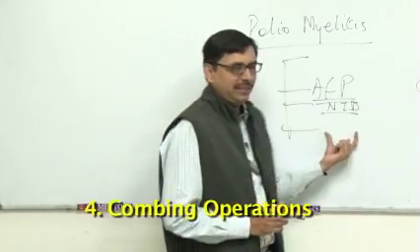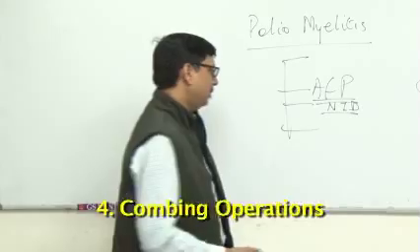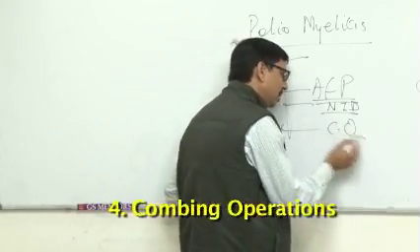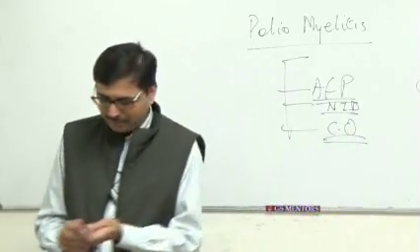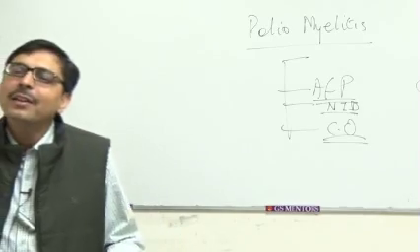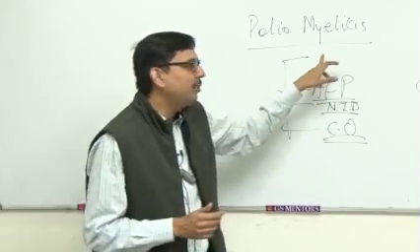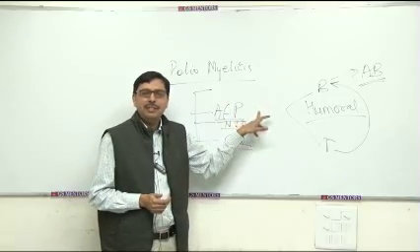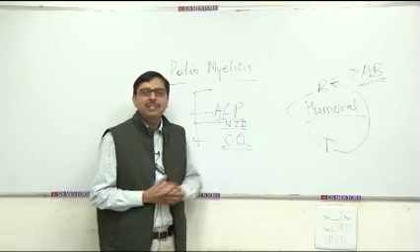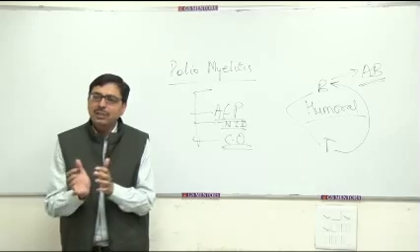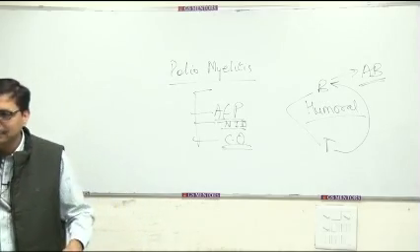The fourth part of the strategy is the combing operation. It was not some military operation. Because of the above three steps, polio got confined to some pockets.